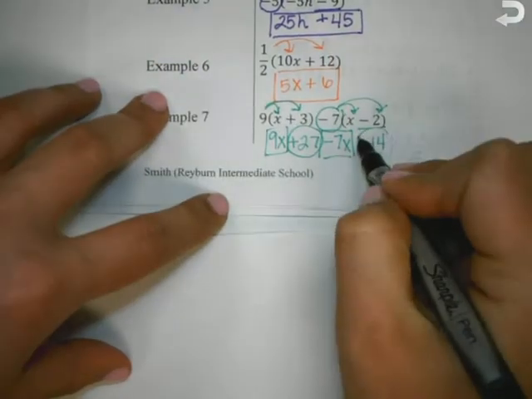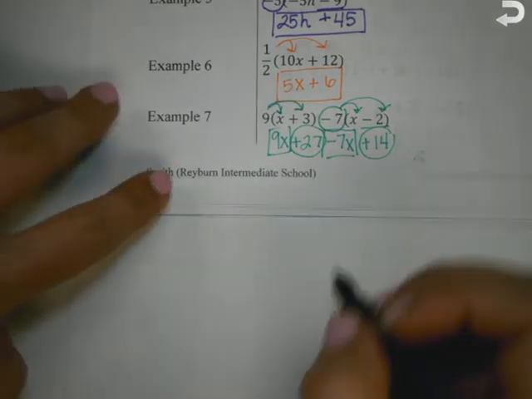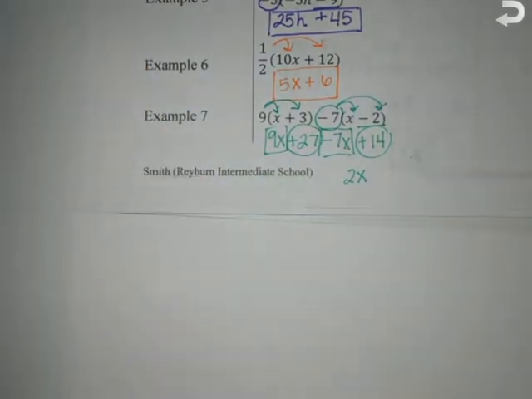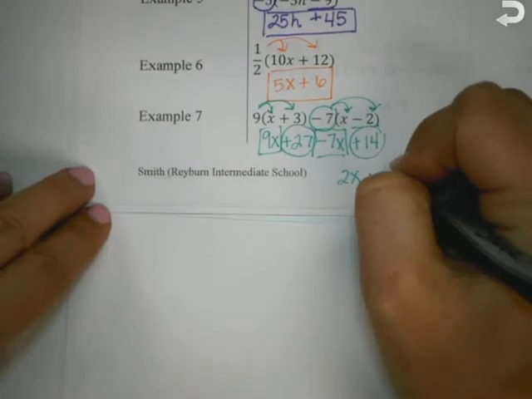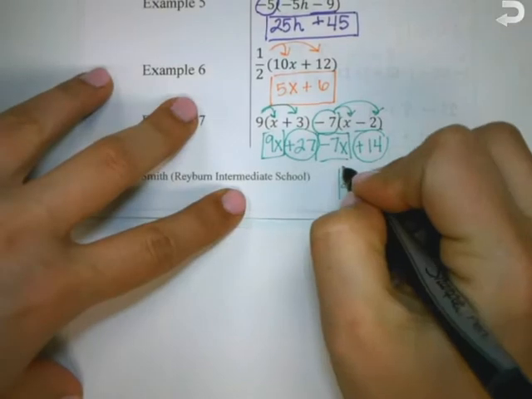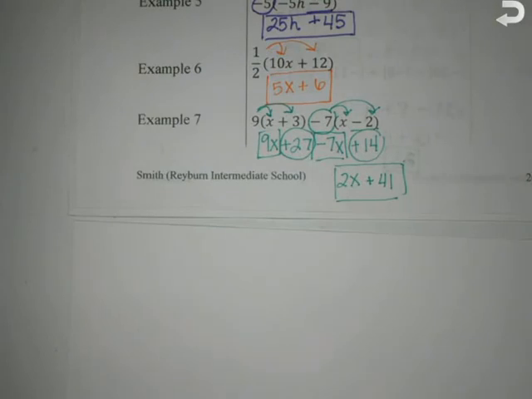What is 9x minus 7x? 2x. And what is 27 plus 14? Positive 41. So this is 2x plus 41. Can I combine those two terms? No, I can't. So we're done. So you always do distributive property first because it's the same as multiplication. Then you can combine like terms because that's the same as addition and subtraction.